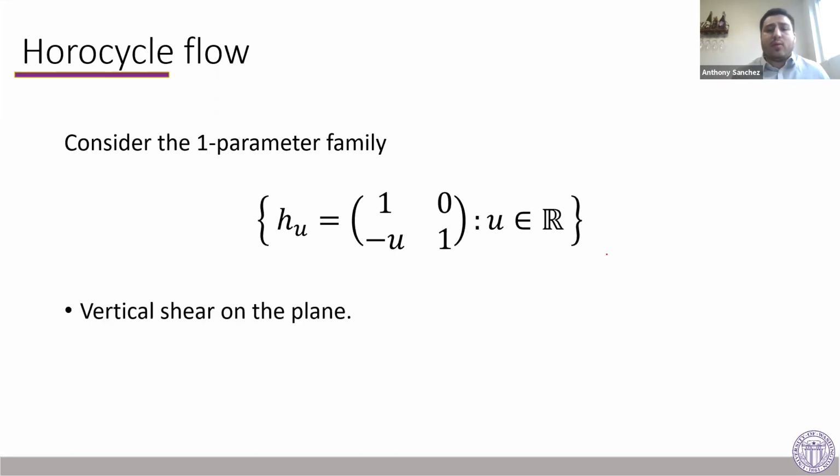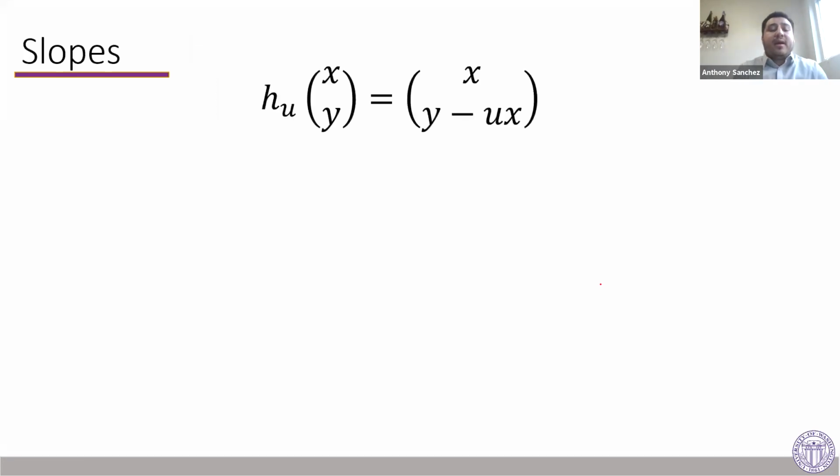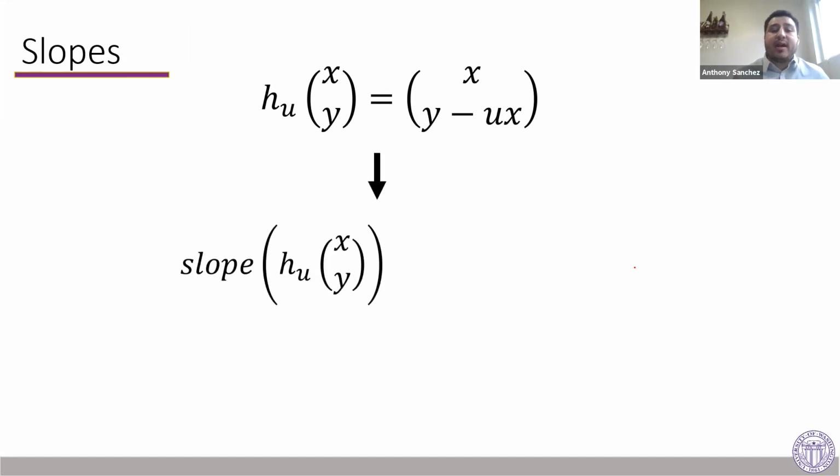So some obvious remarks here are the horocycle flow is a vertical shear on the plane, right? It vertically shears things, and the subgroup is of interest to me because of how it changes slopes. So what do I mean by this? Pretend I have some arbitrary vector (x, y), and I act on it by the horocycle flow. Then I'm going to get the following vector in R2. And if I take the slope of this vector right here, I'm able to relate it to the slope of the original vector before I flowed it by the horocycle flow.